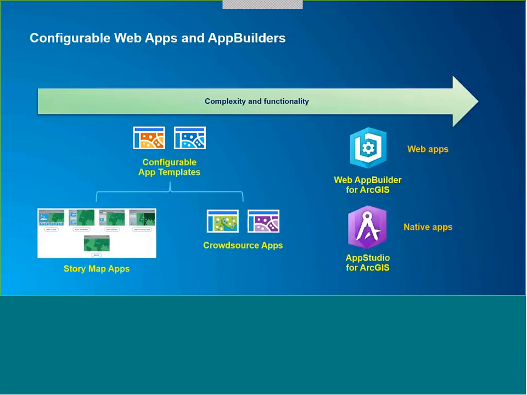So today, as we said, we will be focusing more on the web apps. Even when we talk about complexity and functionalities, we can very well start with very simple templates which are available from the Esri platform.